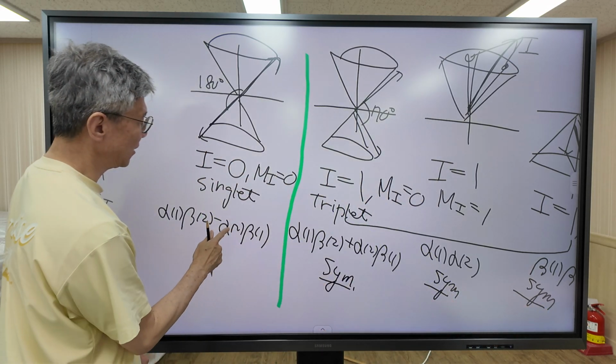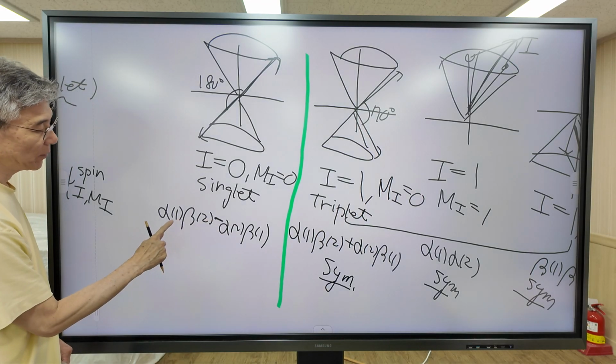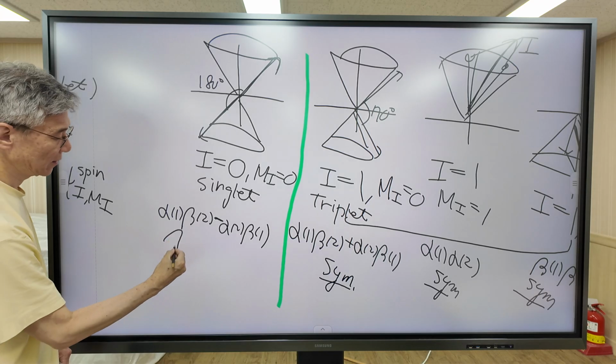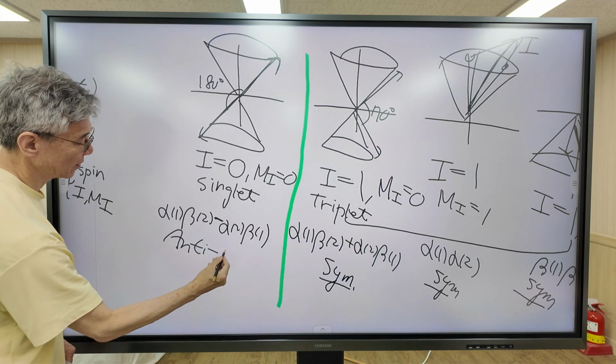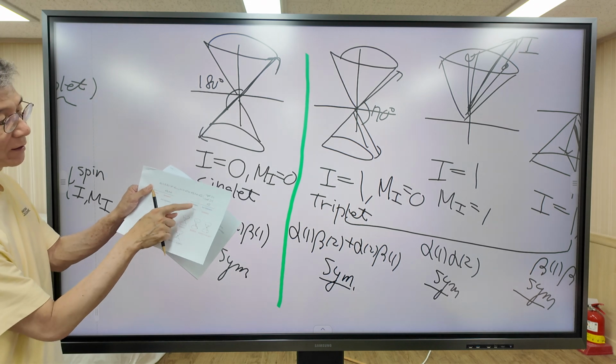But the symmetry of the singlet function is anti-symmetric, because when I swap coordinates 1 and 2, it changes sign. So this function is anti-symmetric. So it is in the table. This is a summary.